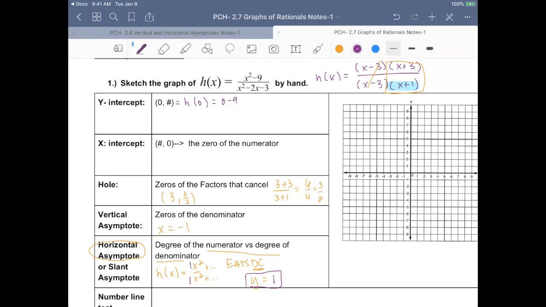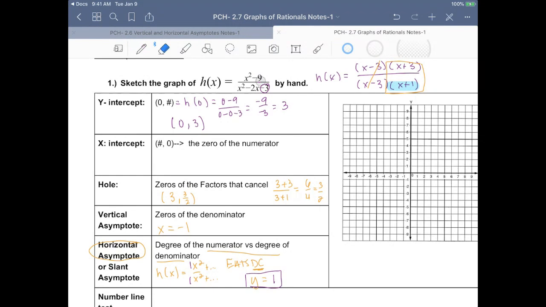So 0 minus 9 over 0 minus 0 minus 3 gives me -9 over -3, which is 3. So I have a y-intercept at 0, 3. Another way you can do that is to take your constant terms in your function and just go ahead and divide them, if the top and the bottom of the rational function are in standard form.